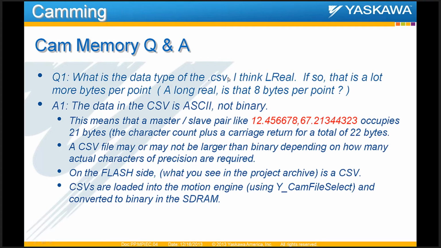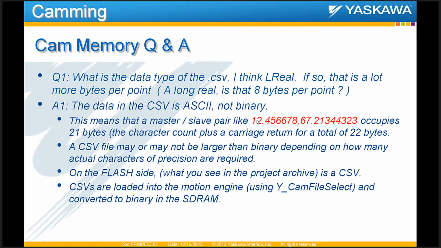It's not LReal. The CSV is an ASCII file. So that means that, for example, if you had a master-slave pair such as this value in red in the file itself, each of these characters takes 1 byte typically.